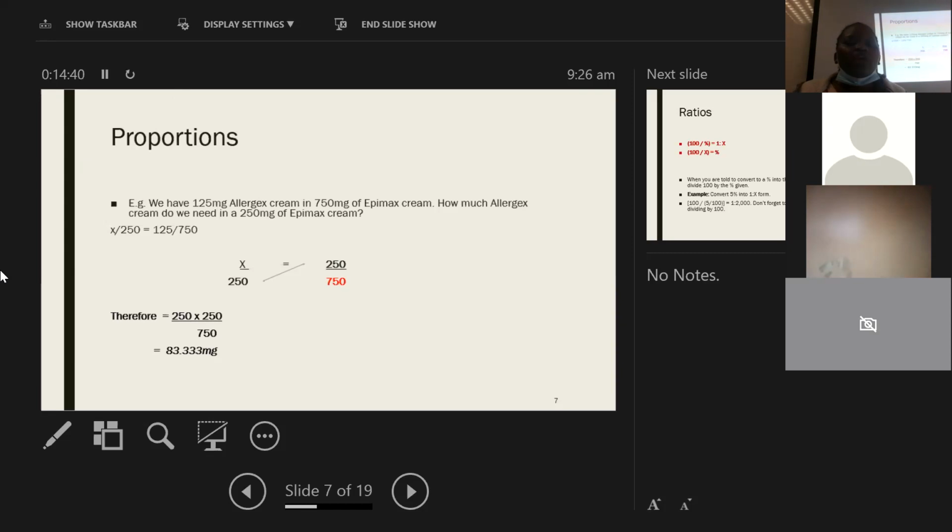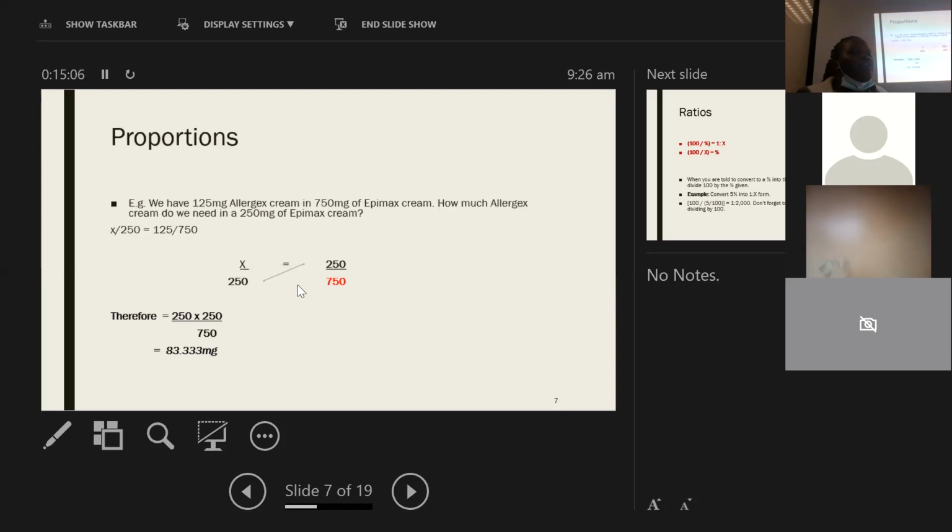So in this example that you see on the screen, I've highlighted the 750 in red, because I want to explain that that is the digit that you would have to divide by. So what we are doing here is cross multiplying. Your X is what you are looking for.